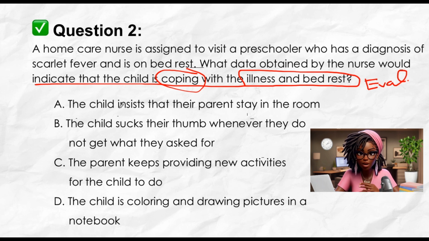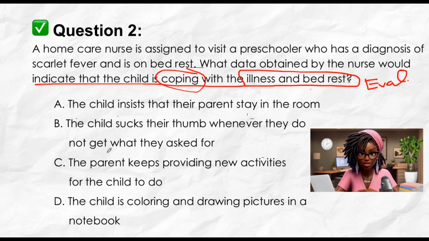Because I'm looking for stability, I'm looking for routine behavior, I'm looking for positive adaptation, right? And it's not really about what's wrong or what to do next with this question. It's more so about behavior and does it actually reflect successful psychosocial adjustment? Okay, so let's look at our options here.